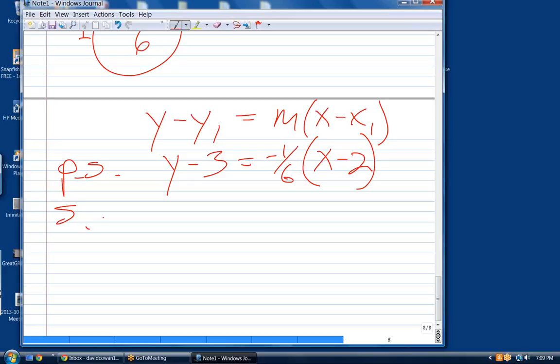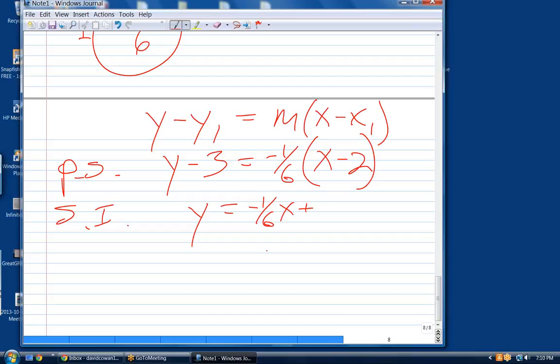So this would be y equals negative 1/6 x plus 3, or what's negative 1/6 times negative 2? In other words, our first step is to distribute this negative 1/6 before we move this plus 3 over.